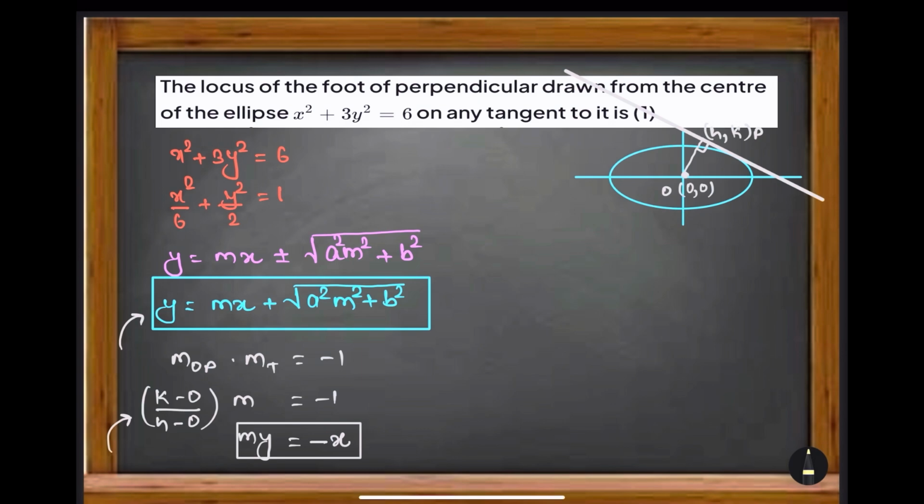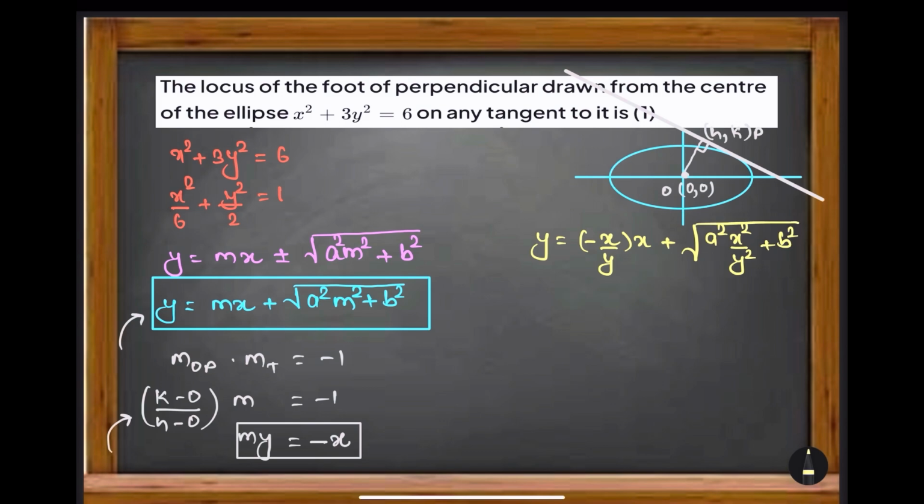Our updated equation will look like y equals minus of x by y into x plus root over a square, in place of m I'll write x square by y square, plus b square.